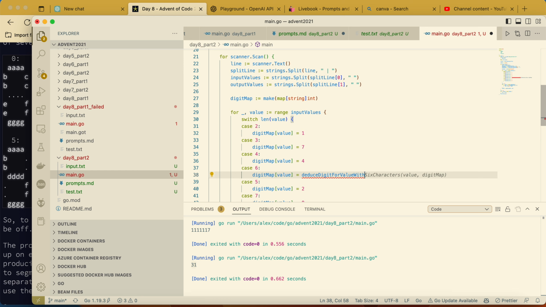Wait, six, and we have input values, and we have value.